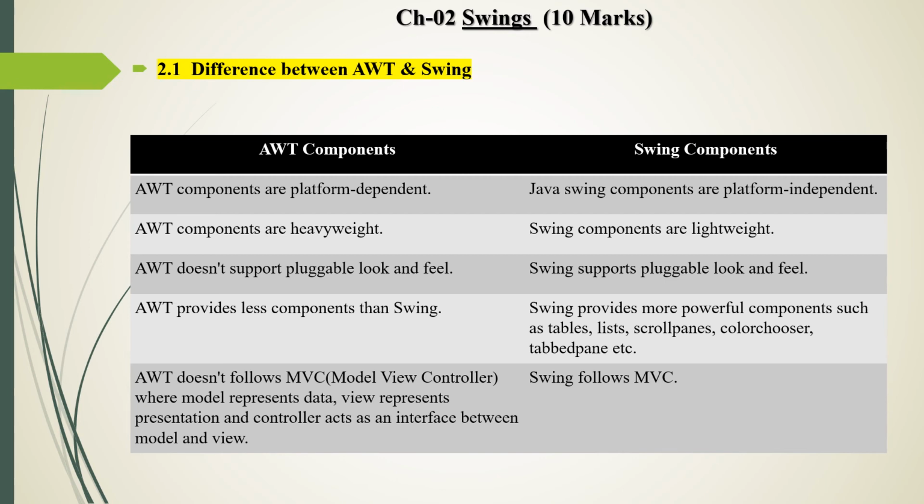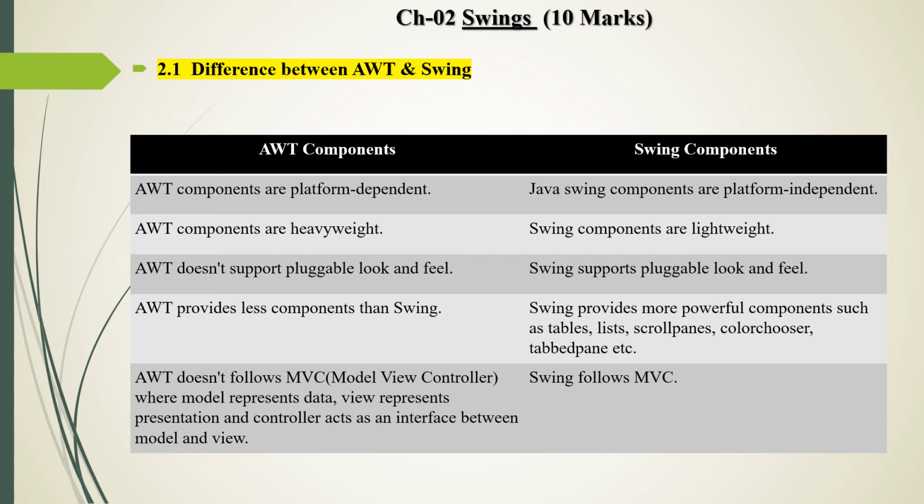Second difference is AWT components are heavyweight, Swing components are lightweight. Third difference is AWT does not support pluggable look and feel. Swing supports pluggable look and feel. Fourth difference is AWT provides fewer components than Swing.